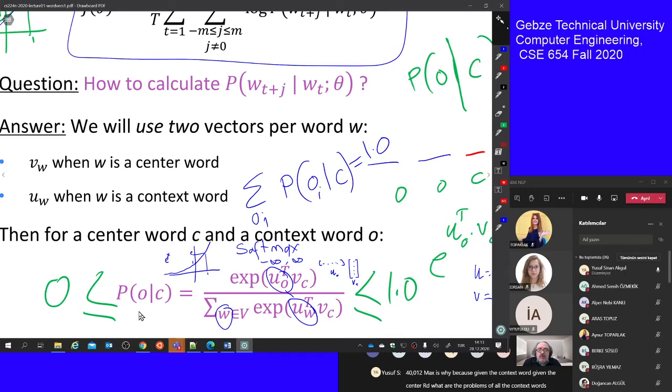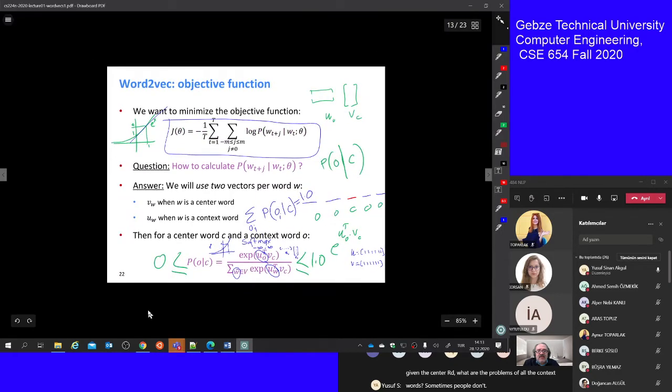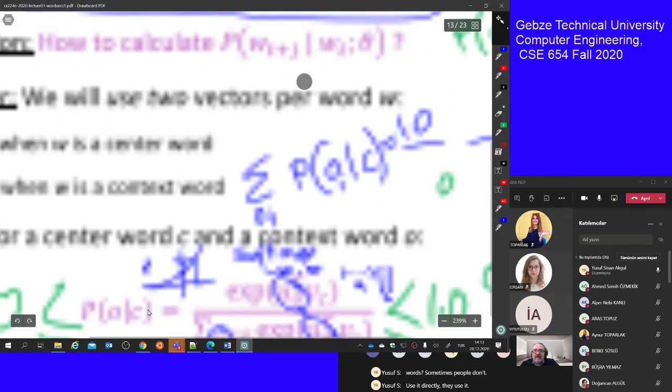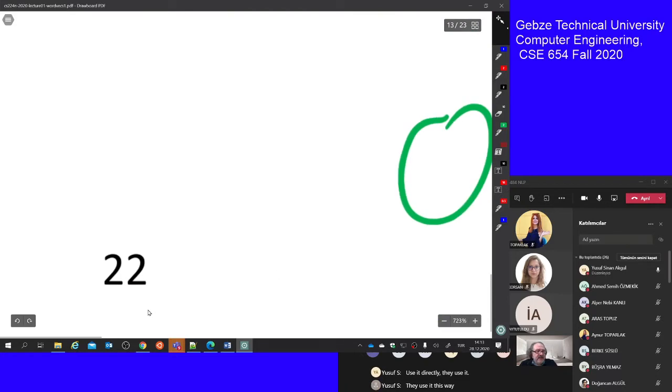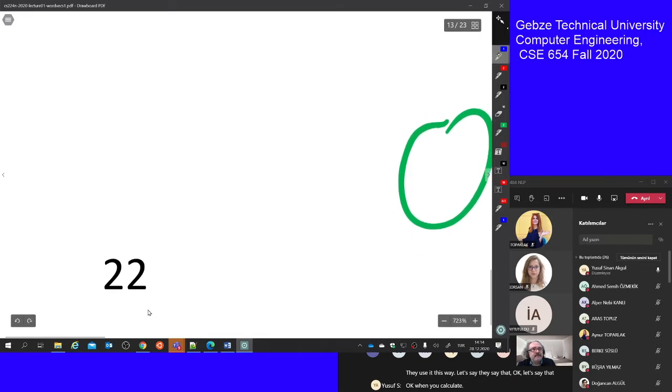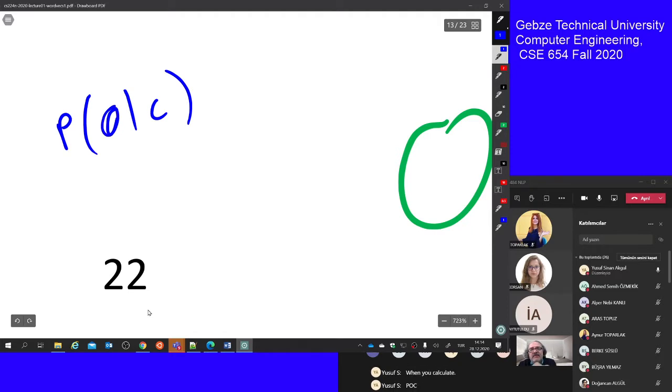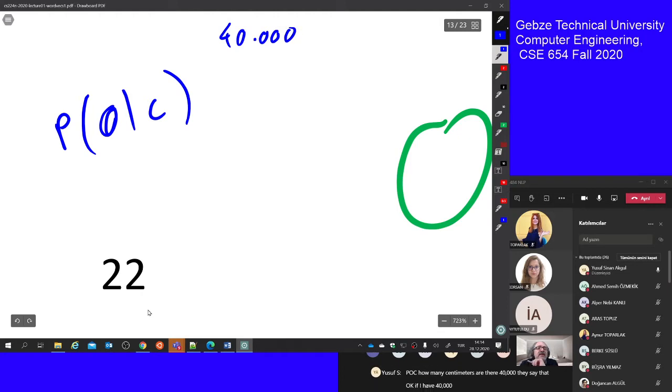Sometimes people don't use it directly. They use it this way. When you calculate, how many center words are there? 40,000. They say, if I have 40,000 words, I am going to group them 1000 by 1000, and there will be 40 groups.